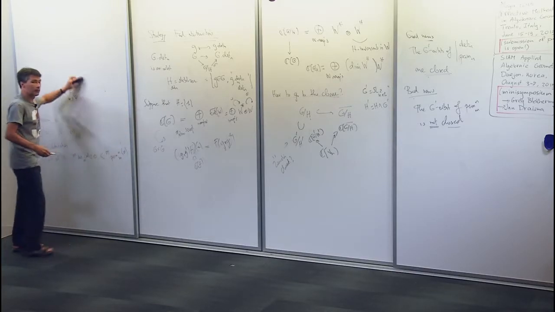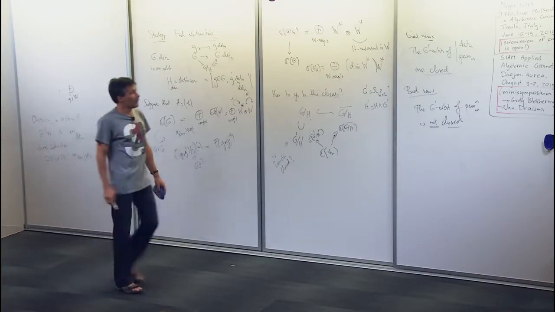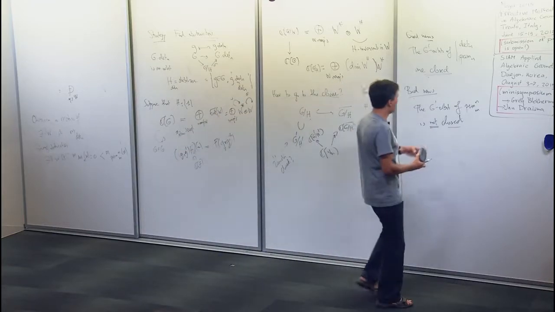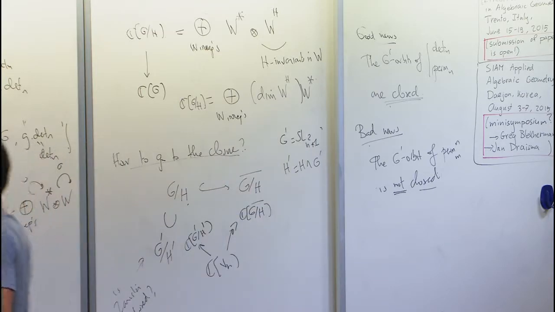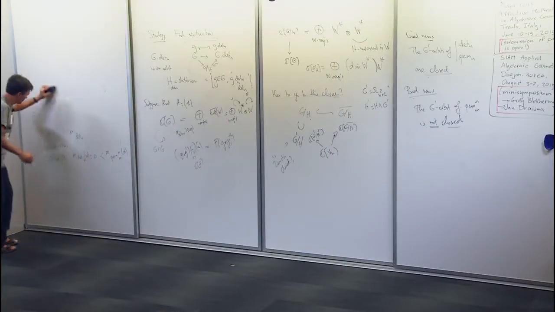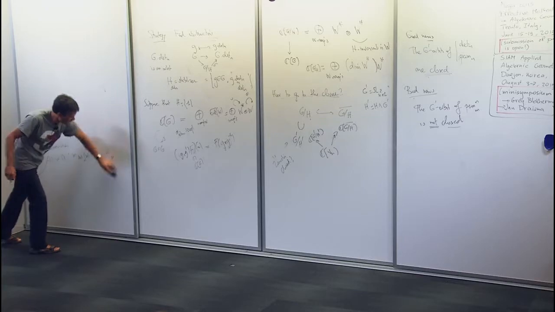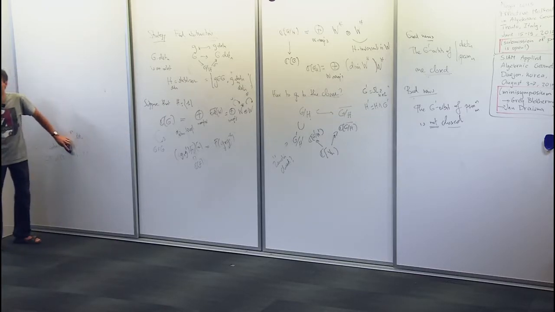Sorry, in the first statement, do you mean perm n or perm n? N. So if you don't pad, if you don't multiply by a linear form, the orbit is closed. Is it easy to see why it's closed?